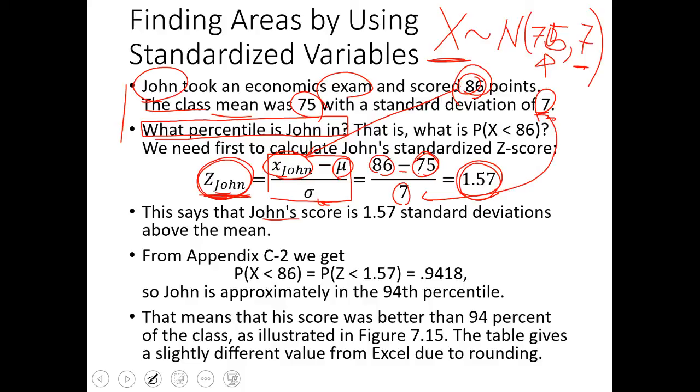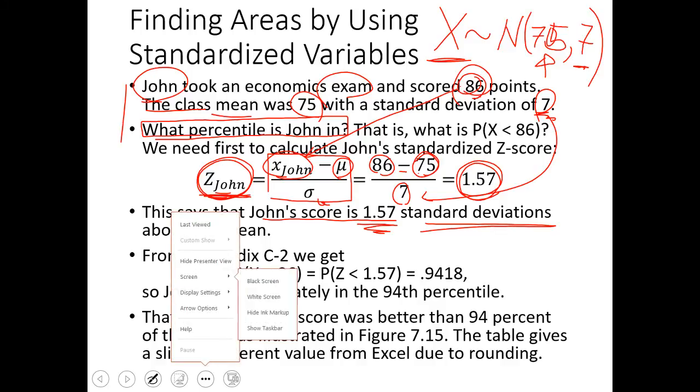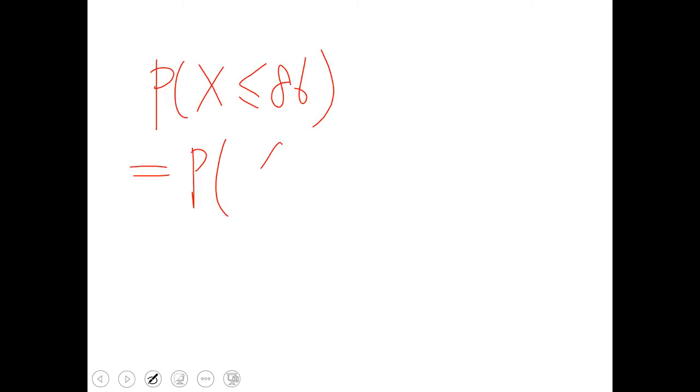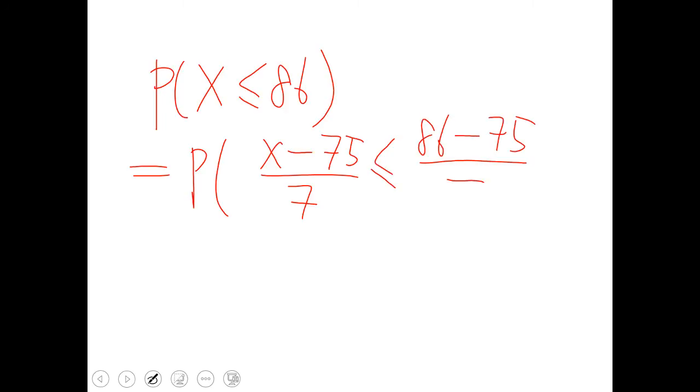So John's score is 1.57 standard value. So the probability that X is less than 86 is the probability that X minus 75 divided by 7 is less than 86 minus 75 divided by 7.